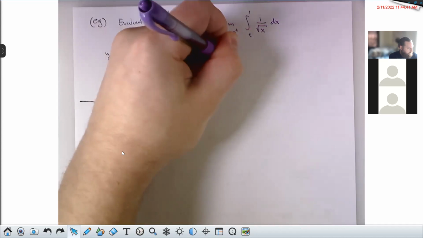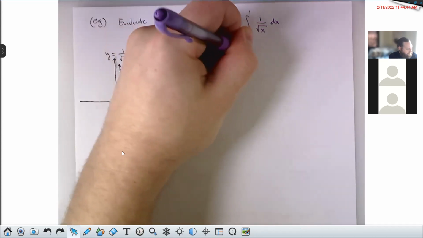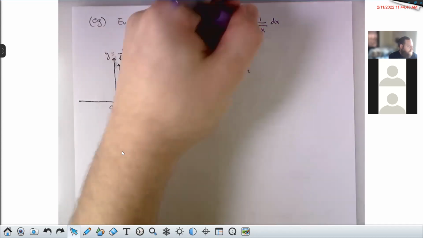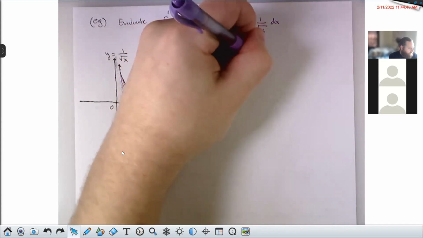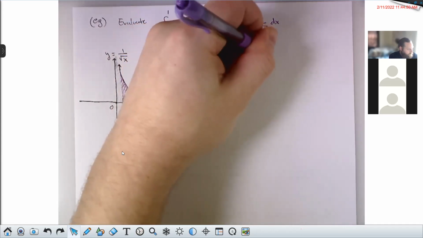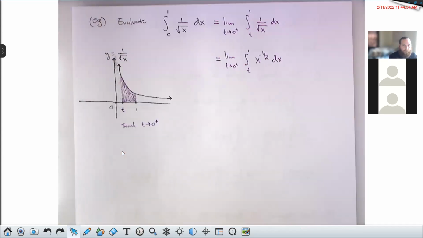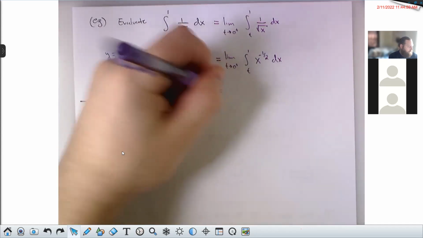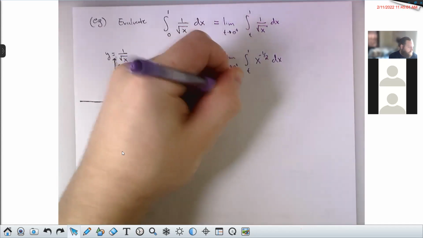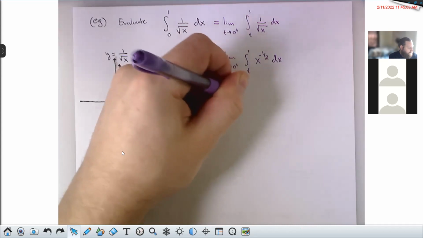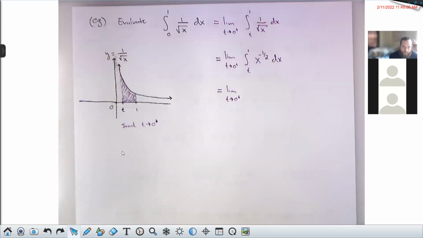That's limit t to 0 plus integral t to 1. 1 over square root of x, that's x to the negative 1/2. And then your antiderivative step is nothing fancy, it's a power rule. Notice how I'm writing the limit every time. We're not getting sloppy here.